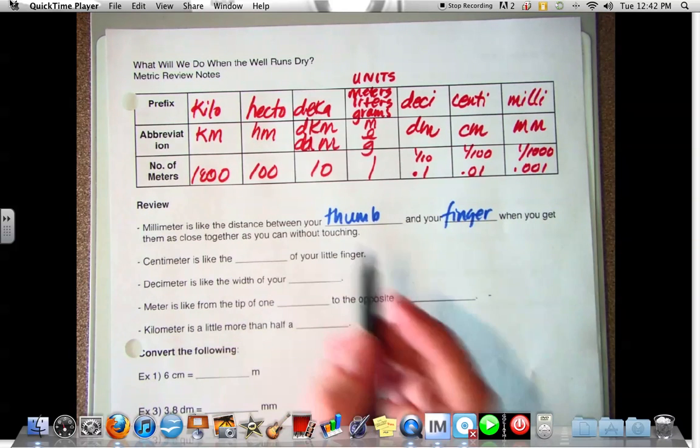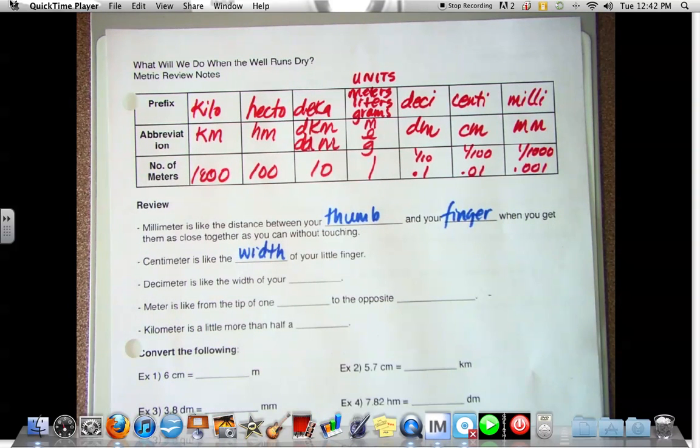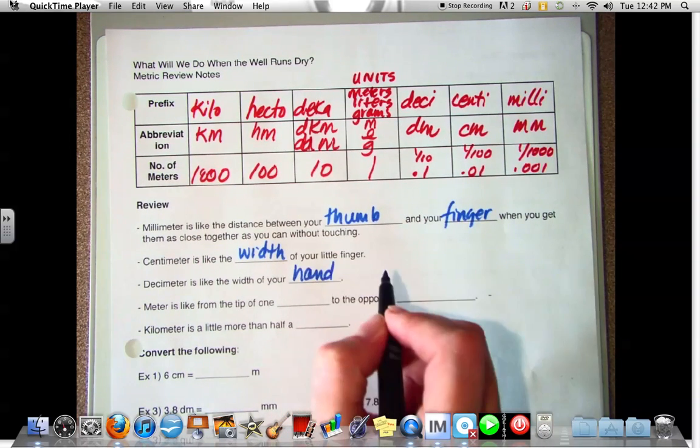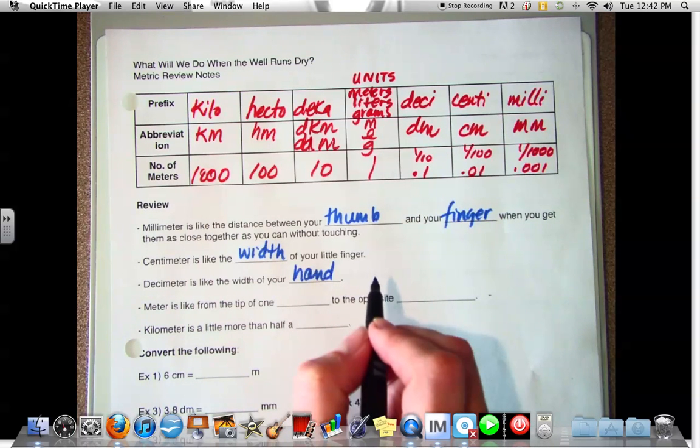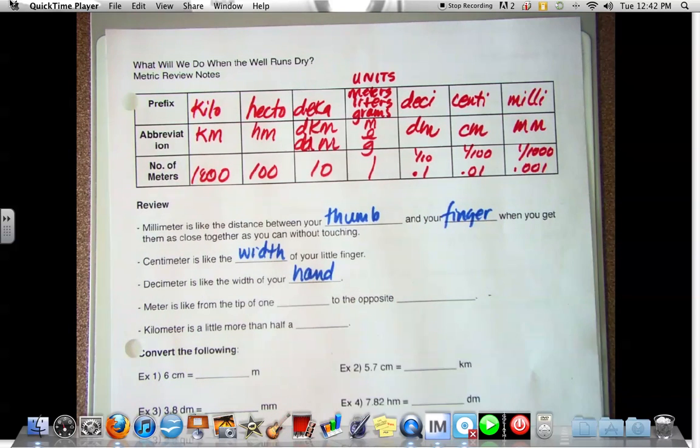Centimeter is like the width of your little finger. Decimeter is like the width of your hand. It's about that big. I think the millimeter is actually the thickness of your nail. Yeah, that might be a good measurement too.